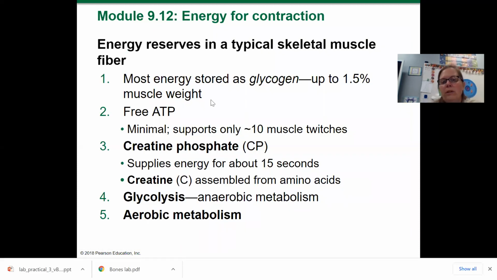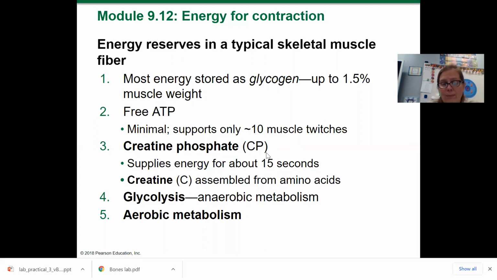Most energy is stored as glycogen. That's up to 1.5% of your muscle weight. Glycogen is a good source to break down and start freeing ATP up. There are free ATPs in the cells, but these are only minimal, supporting only about 10 muscle twitches.